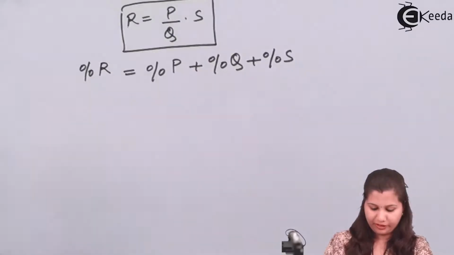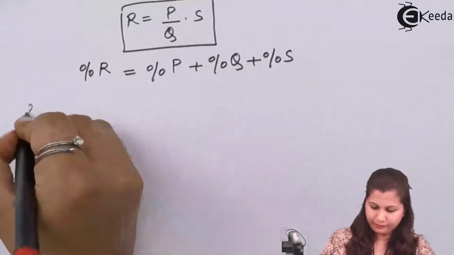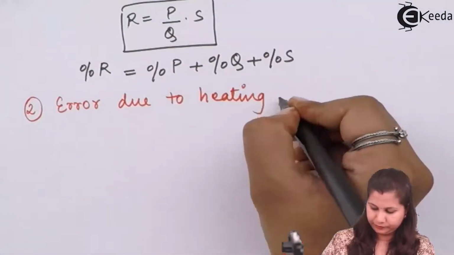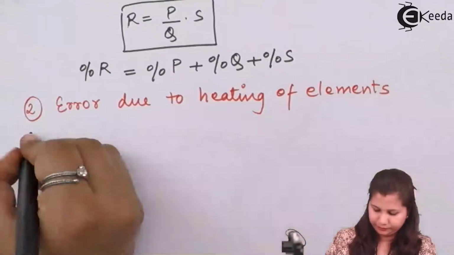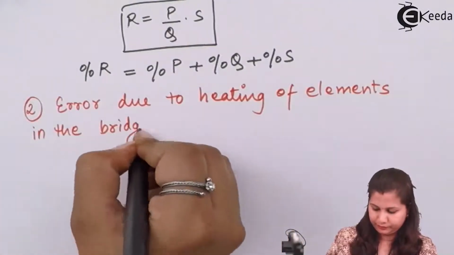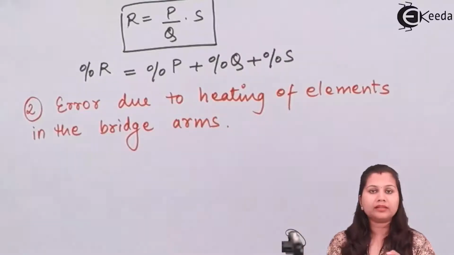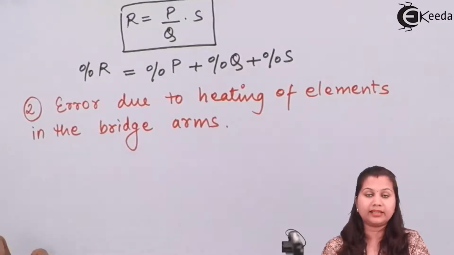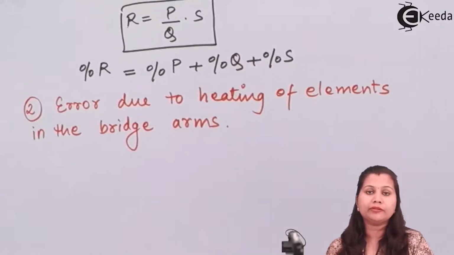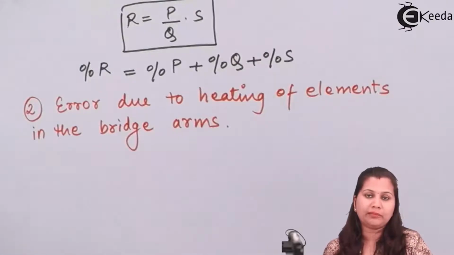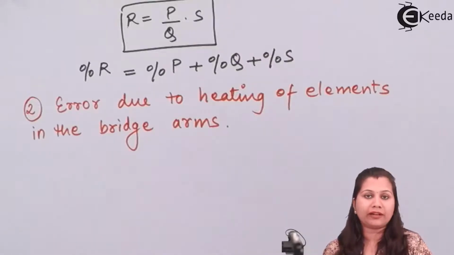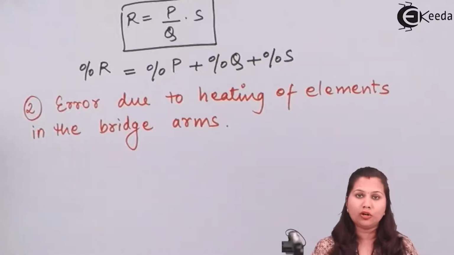Now the second type of error. In the instruments in which the resistances P, Q, R and S are connected in the four arms with the EMF, error will also occur due to the heating up of the elements, because the performance or accuracy of the instrument decreases if it is heated up for a long time.